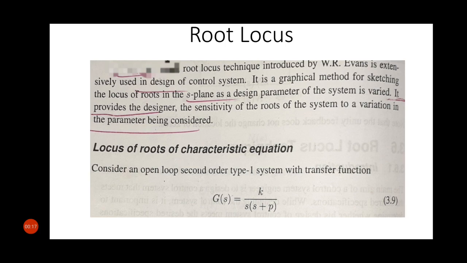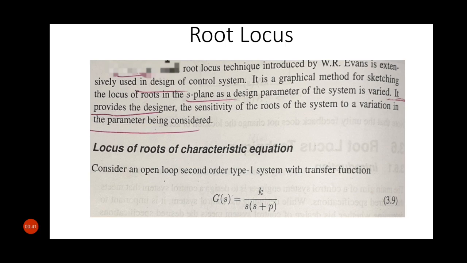The main aim of a control system engineer is to design a control system that meets the desired specification. While designing the control system, it is important to determine whether the design meets the desired specification or not.